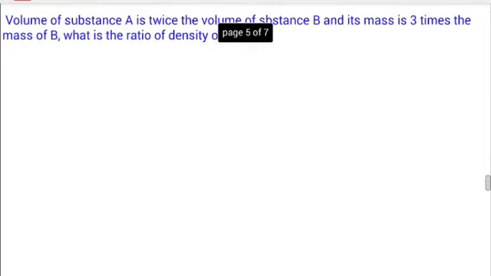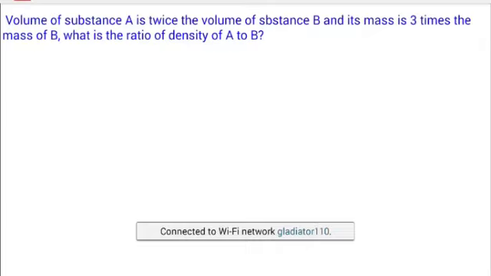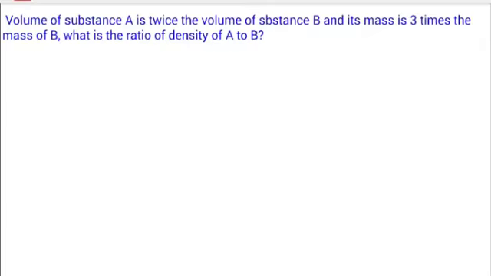Volume of substance A is twice the volume of substance B, and its mass is 3 times the mass of B. What is the ratio of density of substance A to substance B?